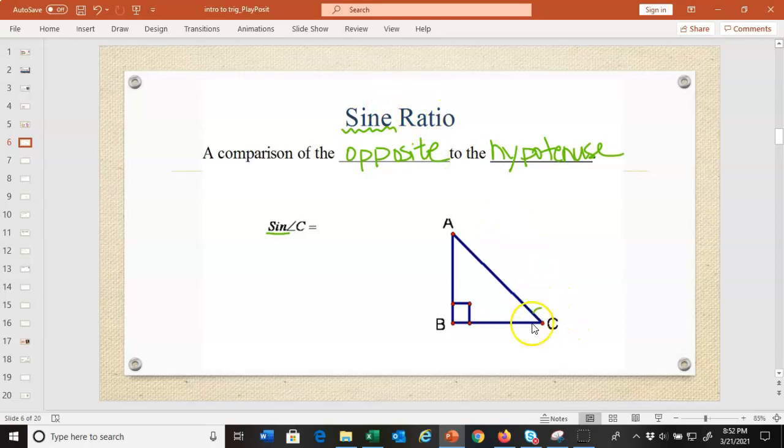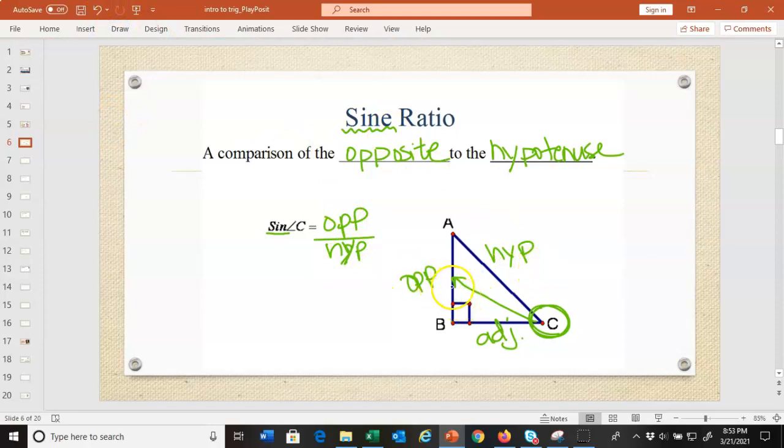If we picked angle C as our angle of perspective, then let's label our triangle. We know that AB is opposite, right? It's directly across. Across from the right angle, that's always the hypotenuse. And then the other one is next to it, the adjacent. So sine of C is opposite over hypotenuse. The fraction.